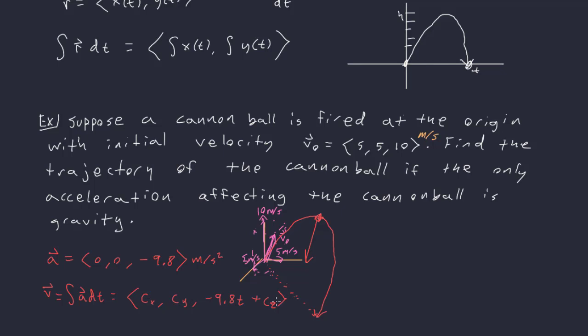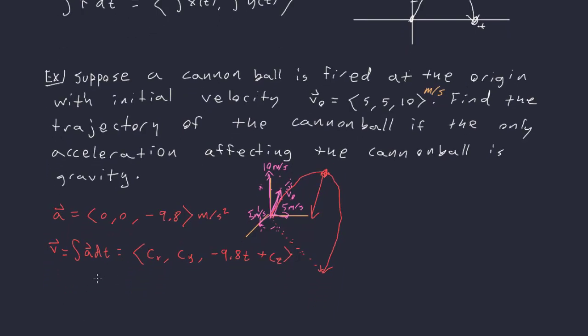We get one for x, for y, and for z. Okay, and so from here, I'm going to move over to orange now. V of t is going to be a constant, and negative 9.8t plus a constant.